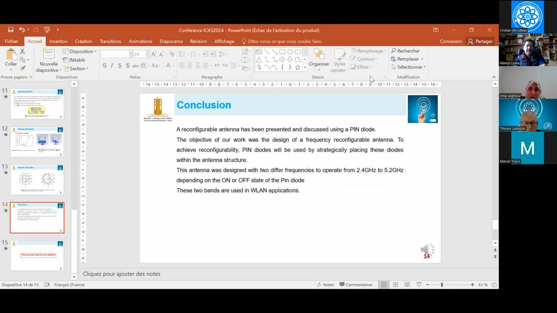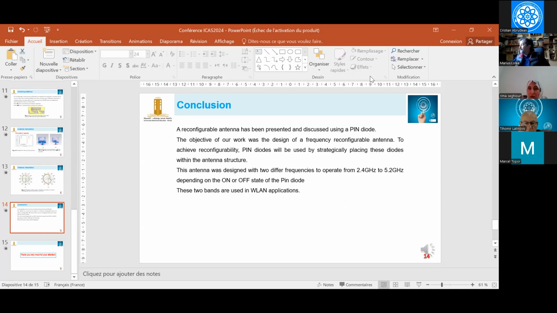Let me summarize my work in the conclusion. A reconfigurable antenna has been presented and discussed using a PIN diode. The objective of our work was the design of a frequency reconfigurable antenna. To achieve the reconfigurability, we use the PIN diode included in the structure of the antenna.